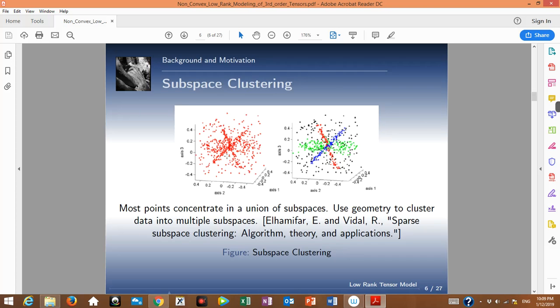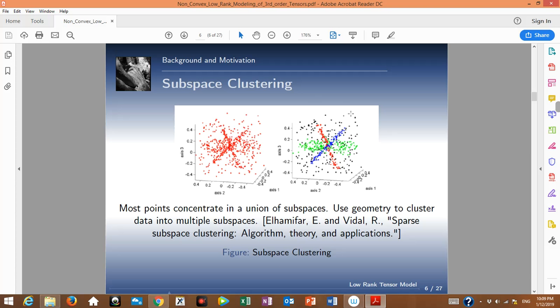Now for matrix data, we can plot the columns in a high dimensional space. Some columns are highly correlated, which means those data points concentrate in several subspaces. You can see those data points concentrate in these three subspaces.